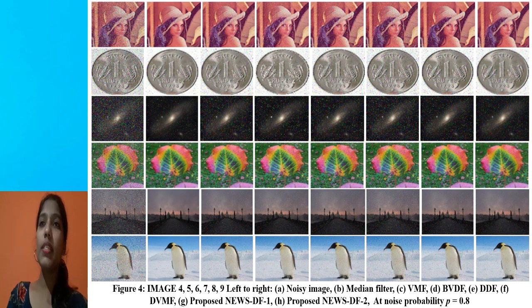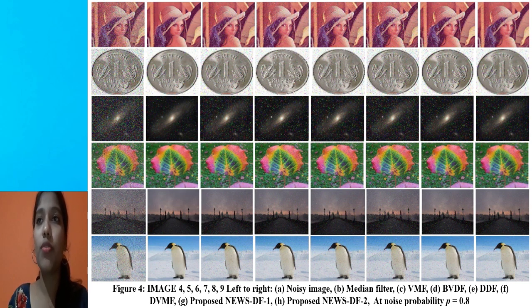Now you're going to see figure 4, which is tested on sample images 4, 5, 6, 7, 8, 9 for the same noise probability at p equals 0.8. We are testing for high density impulse noise. This noise probability is common for all these images.